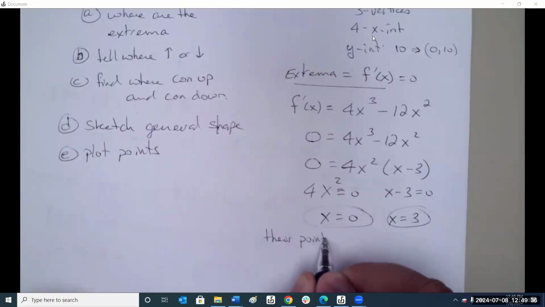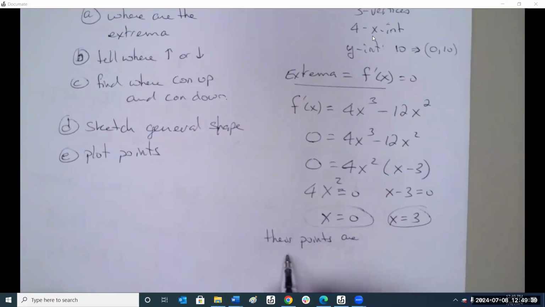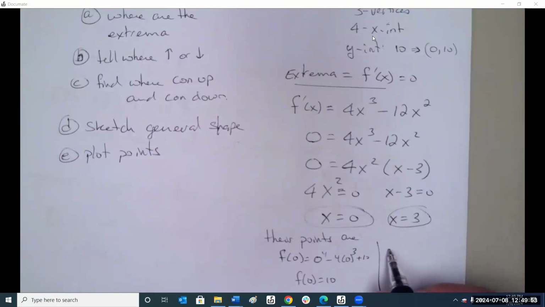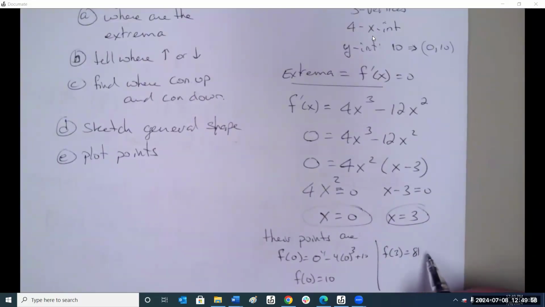Their points are f of 0, which is 0 to the 4th, minus 4 times 0 to the 3rd, plus 10. So f at 0 is 10. And f at 3 is 81 minus 4 times 27 plus 10. 81 minus 108 plus 10.